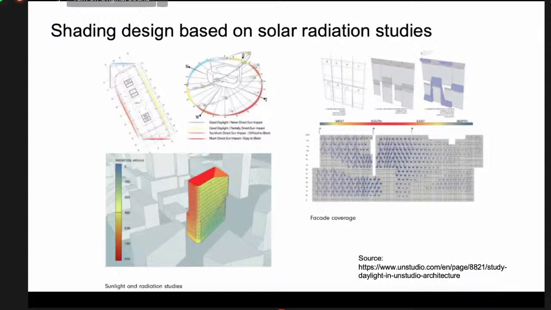The one that gets too much solar radiation, we can put shading on it, but in the area which has less solar radiation, we can remove the shading from that area. So the shading placement becomes more efficient in terms of the number of it. We can reduce the construction cost, and to make the building cheaper, we can do that.